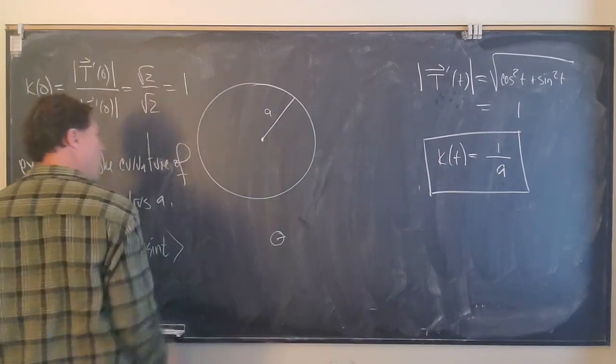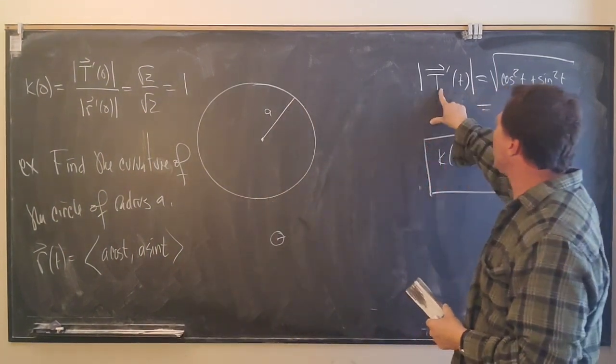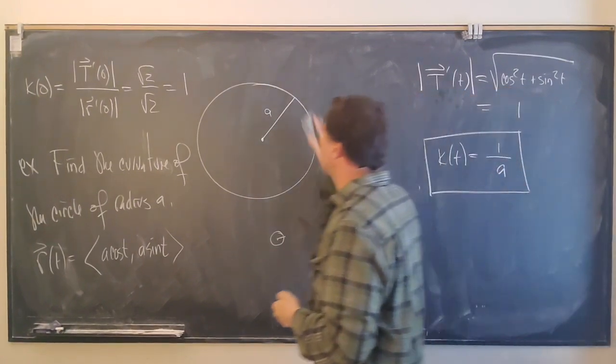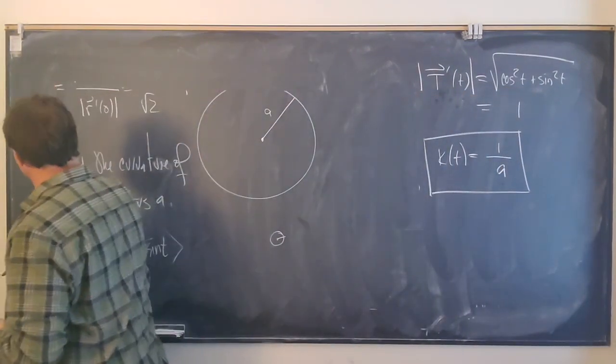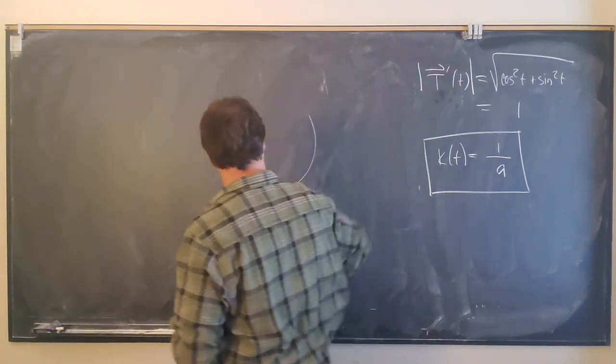Now, one thing to notice, computing curvature is kind of a pain, right? Because you got to compute capital T prime, right? And that can be kind of a mess. And so it turns out that there's a formula that simplifies the computation.